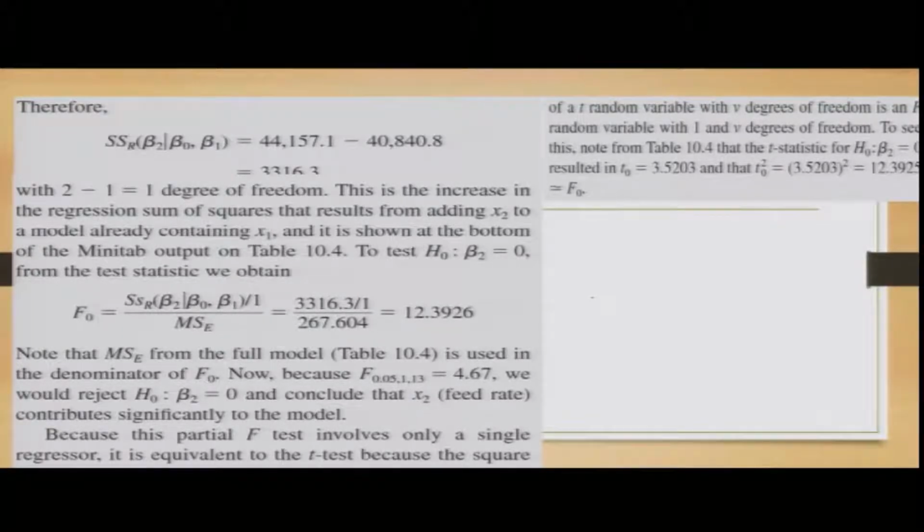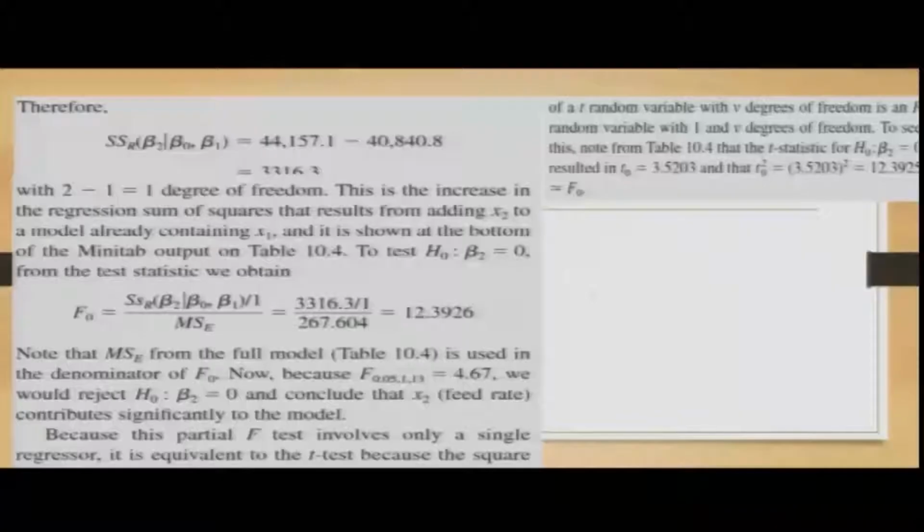This is an increase in the regression sum of squares that results from adding x 2 to the model. You had x 1, and you are now adding another variable x 2. If you keep adding, how does the sum of squares change? To test H naught, which is beta 2 equal to 0, versus beta 2 not equal to 0, you can find the F statistic, which comes out to be 12.39.